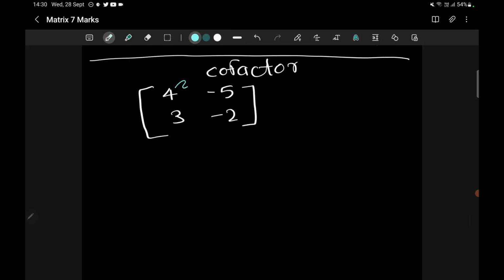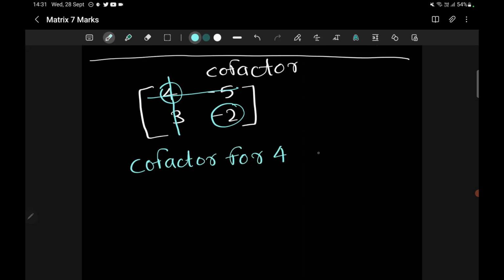If you want to find the cofactor for 4, just draw one horizontal and one vertical line from that number. The remaining number is -2. Therefore, the cofactor for 4 is -2.